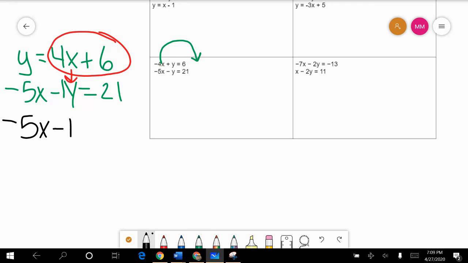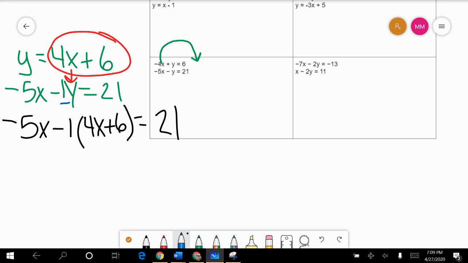So I'm going to write negative 1, and then in parentheses, I'm going to write 4x plus 6 equals 21. You need to remember that this 4x plus 6 always has to go in parentheses because we're always going to distribute whatever number was in front of the y to the rest of this equation.